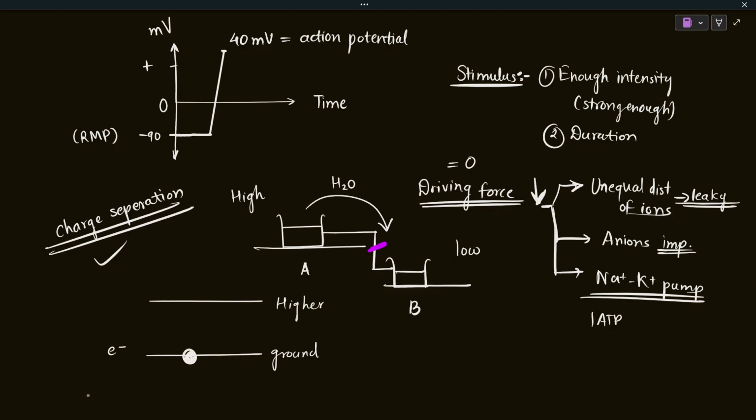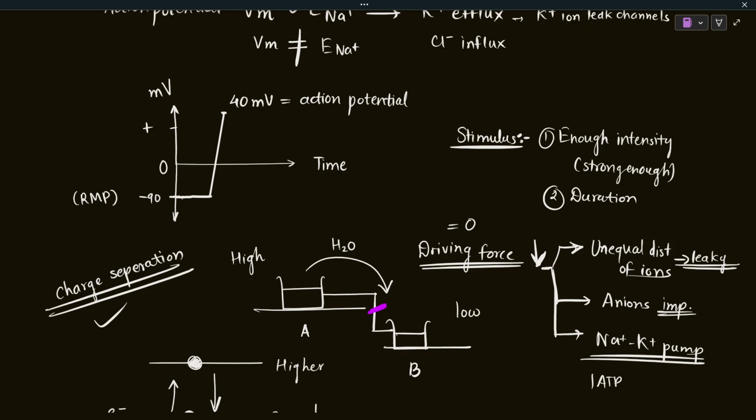Once you provide energy to this electron, it jumps from the ground level to a higher energy state, and due to this external energy supply, once it reaches the higher energy state, eventually it is going to come back. That happens in the next scenario. As the potential increases to a positive value, it is going to fall down. This is an inevitable thing.